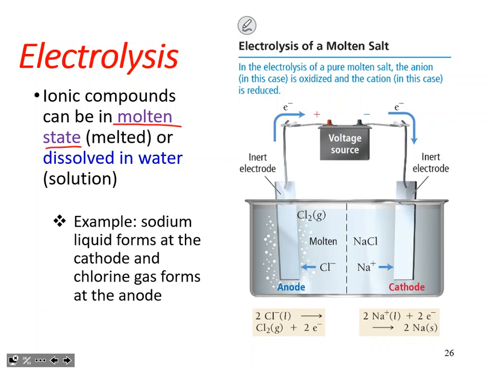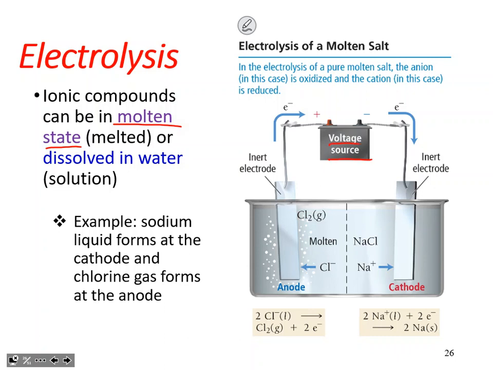Remember, ionic compounds have really strong Coulombic attractions in their ionic bonds, full charges, high lattice energies, so to melt them down takes a lot of energy. Dissolving it in water doesn't have to be that hot. You can get the ions in there and be able to do the plating if you want to.